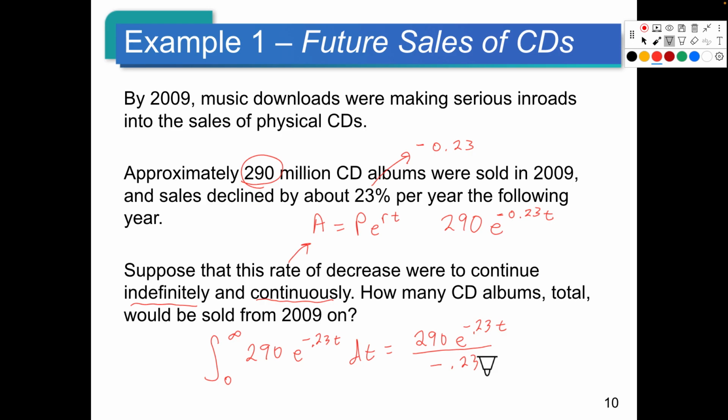Because when we integrate, if we were to take the derivative, remember e is its own derivative, it's its own integral, but if we were to take this derivative, this 0.23 would come down, and since it's not there, we have to do this. So this is the little shortcut rule. And you'll be doing this type of integration multiple times on the exam.